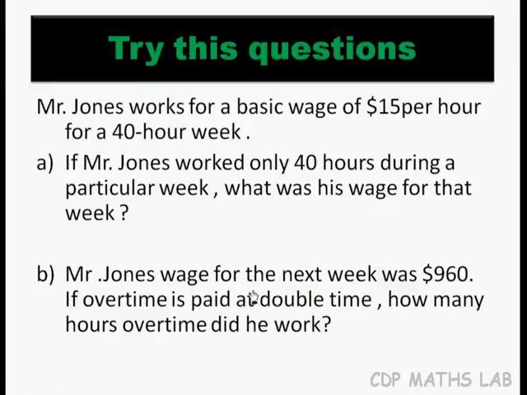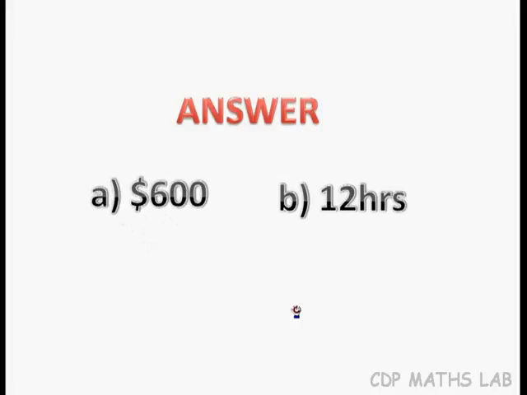If overtime is paid at double time, now note double time is basically replacing what? Time and a half. How many hours overtime did he work? Now pause your video and try this question. Answers. For A, it is $600, and for B, it is 12 hours.